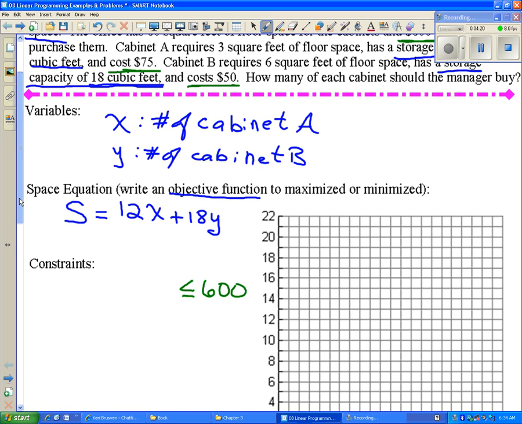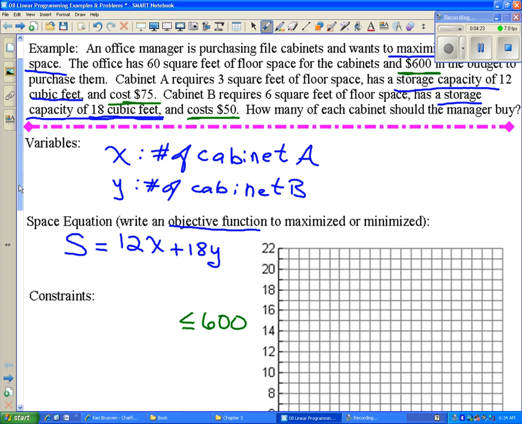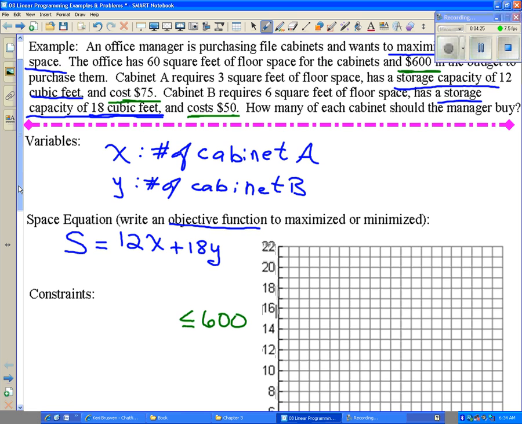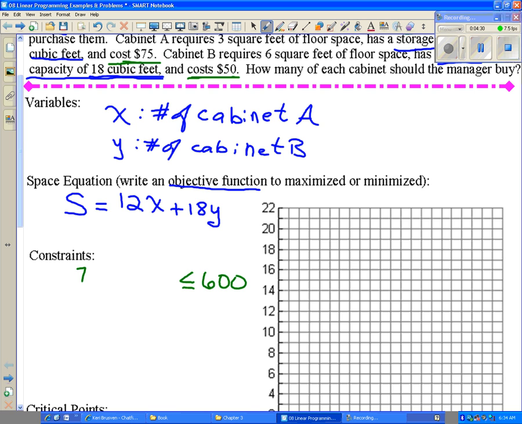My cabinets A, which are X, cost me $75. So this is 75X. My cabinet B, which is Y, costs me $50.